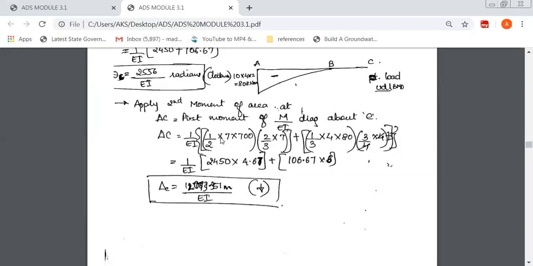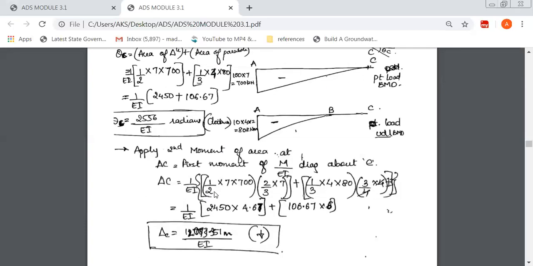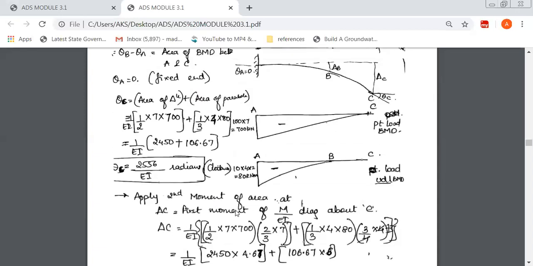We have already found this out, so there is no need to find it again.